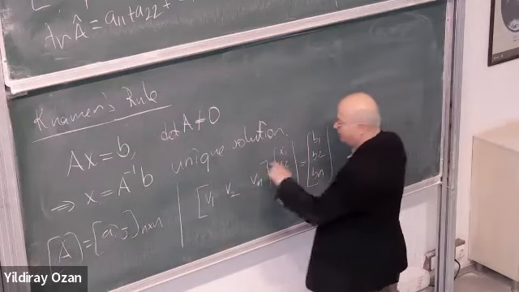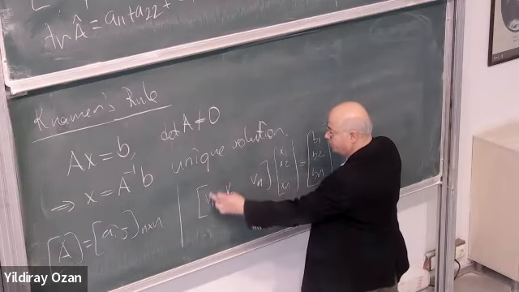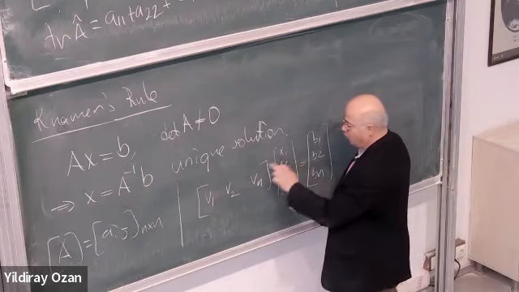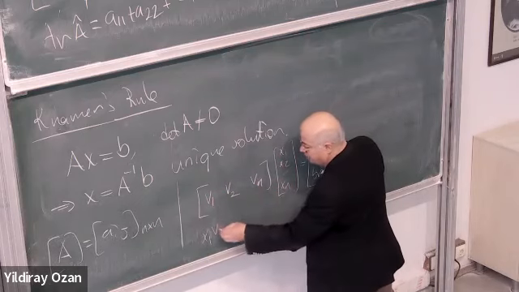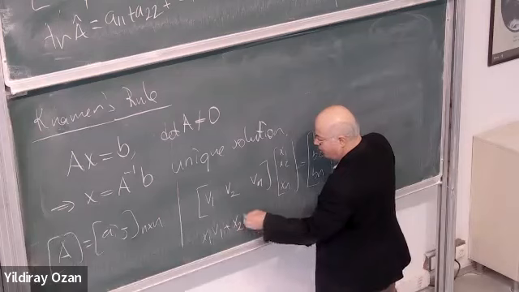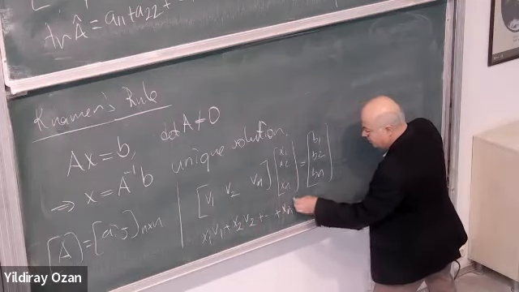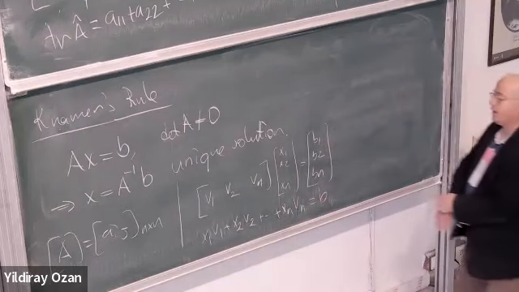When you multiply this out, this is what you get. So the first column is always multiplied by the first entry, right? So when you open this up, this is what you get: x1 times the first column, x2 times the second column, and xn times the nth column is equal to b. Okay.